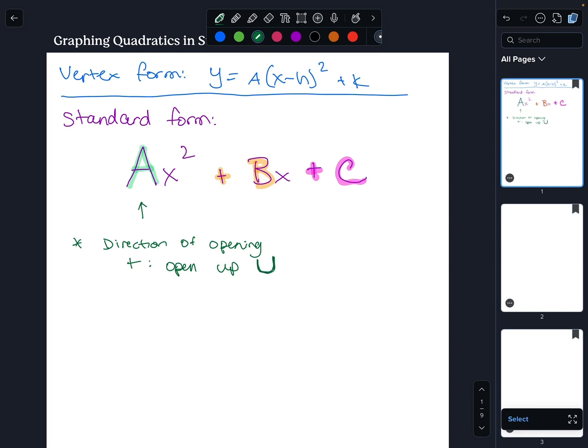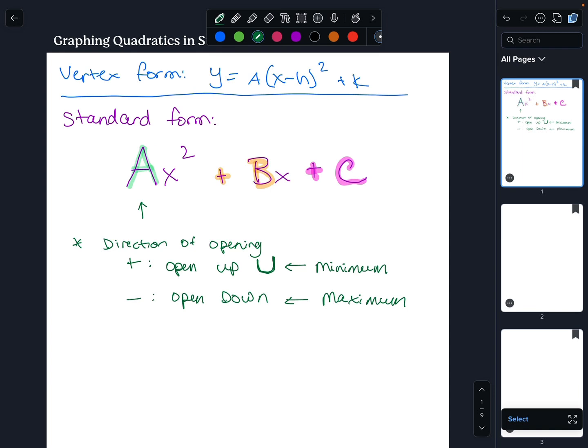Okay? And if a happens to be negative, you have an open down. Now, also I want to point out that all open ups have a minimum, and all open downs have a maximum.